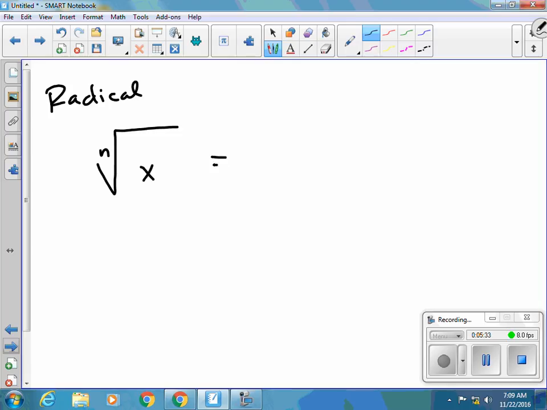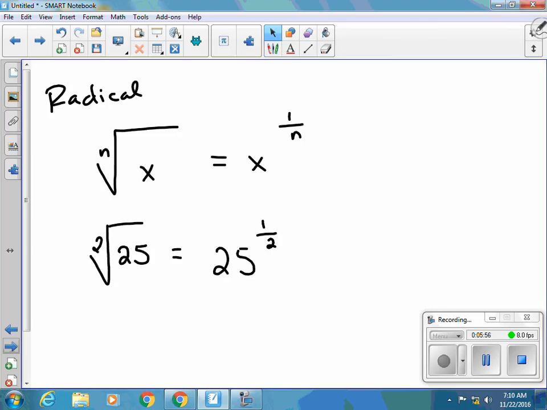This really is x to the power of 1 over n. Okay, and to give you an example here, let's say that I have the square root of 25. We know right now that that's going to be 5. We already know that. But just as good measure, 25 to the power of 1/2.